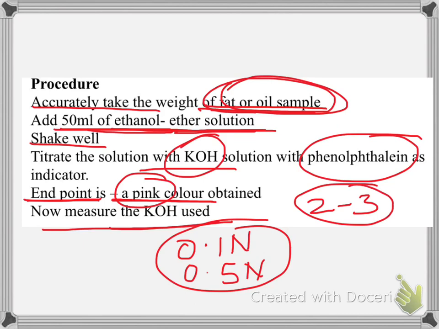Then we get the end point, that is a pink color, and here we measure how much potassium hydroxide is used to get the end point. By using that value, we can calculate the acid value.